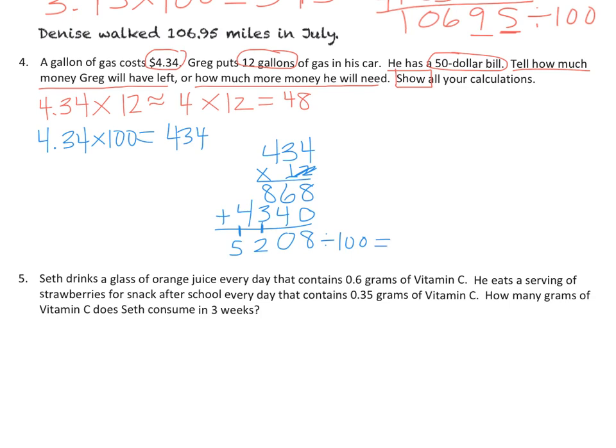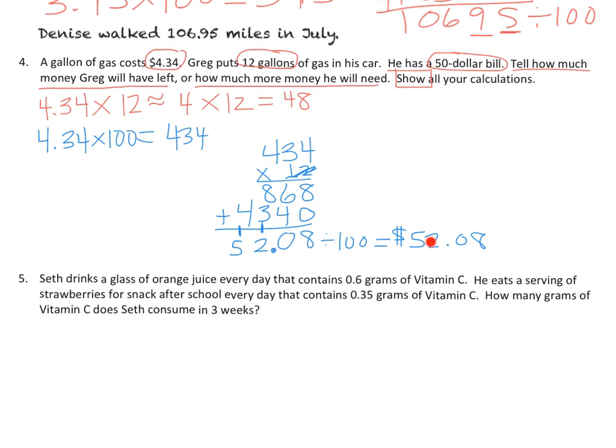And the decimal needs to go in between the 2 and the 8. So it's $52.08. So just like we said, it is higher. This is higher than our estimation of 48, and it's close to 48. So we know we're on a good track.